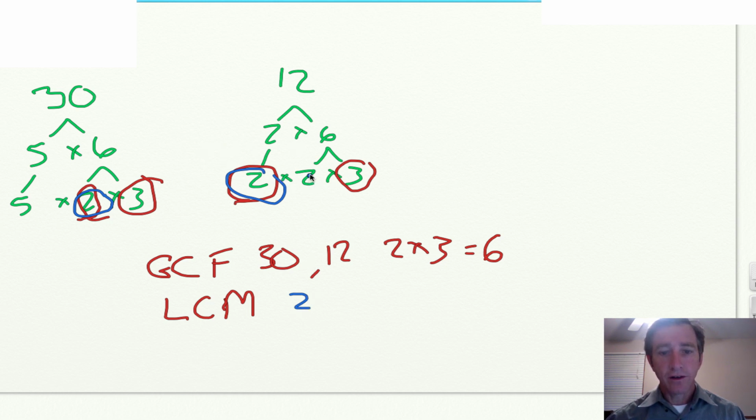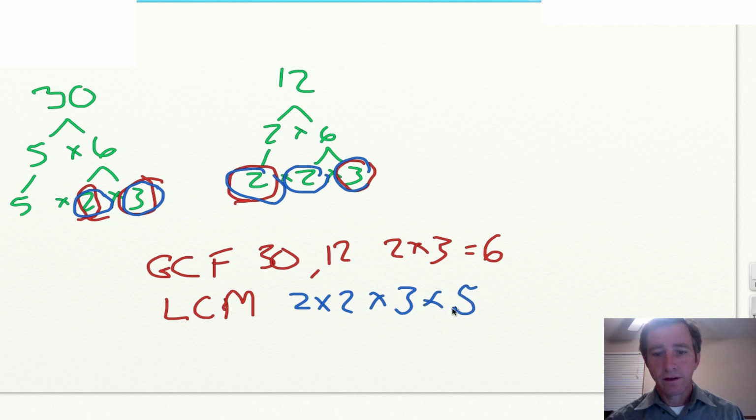I have another 2. I have a 3. It's common to both. 2 times 2 times 3. And I have a 5. When we multiply this out, it's 4 times 12 times 5. 60. Least common multiple is 60.